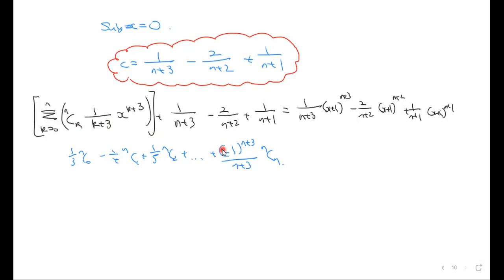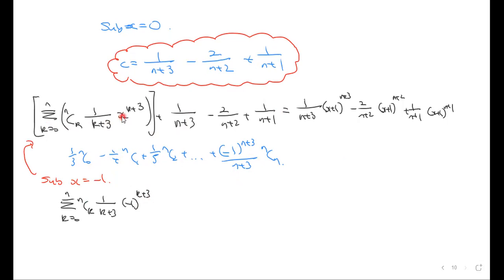Okay, so if we sub x equals -1 into our expression, then you will get the sum from k equals 0 to n of nCk, 1 over k plus 3, -1 to the k plus 3. And that will basically really match this up, right?